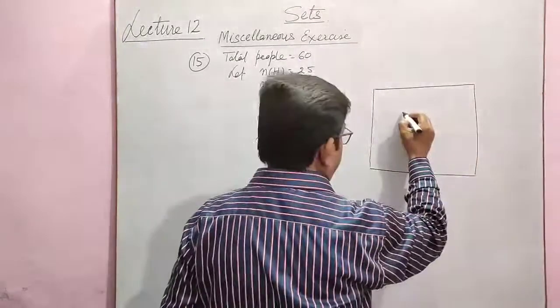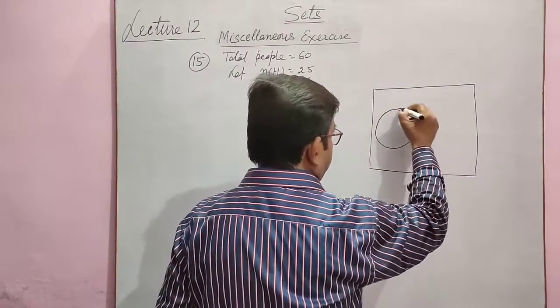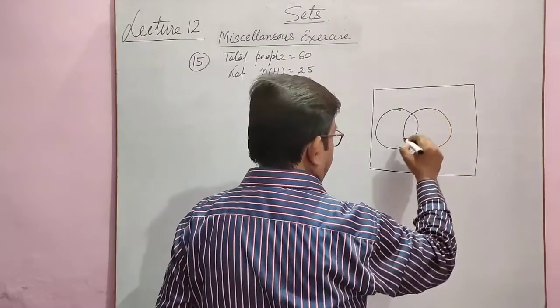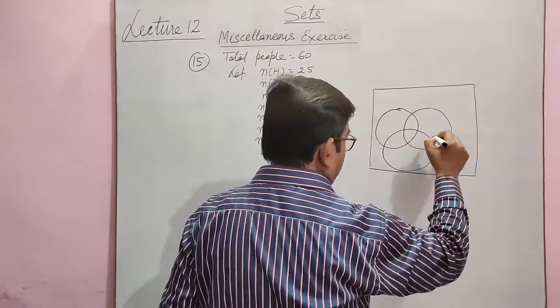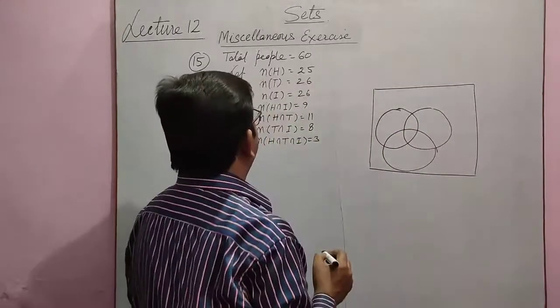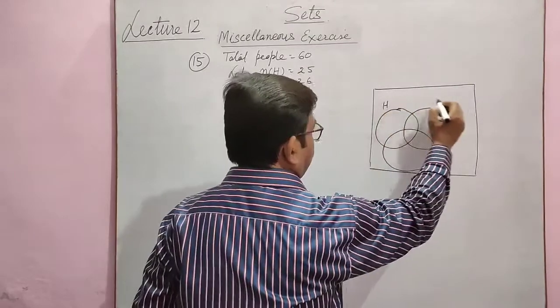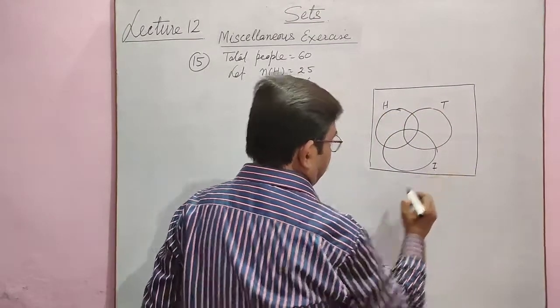This is the universal set, this one is set H, this one is set I, and this one is set T. This is set H, this is set T, and this one is set I.